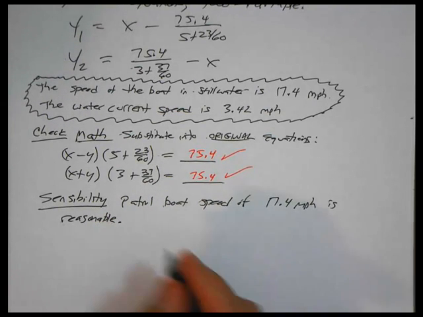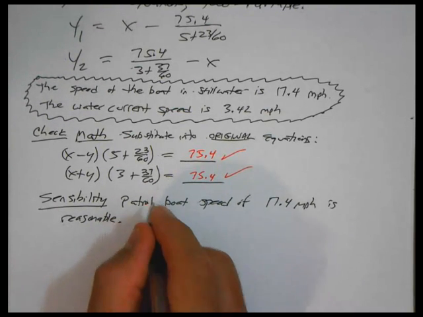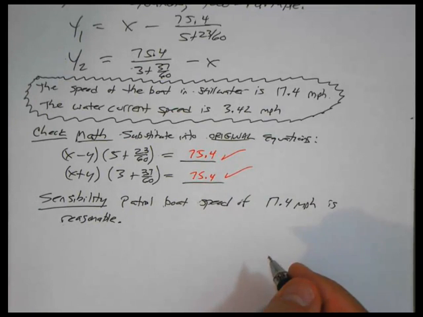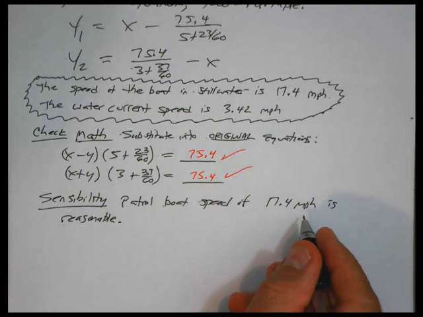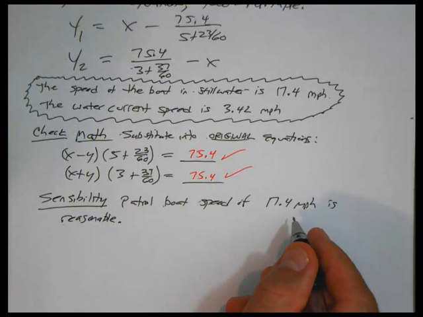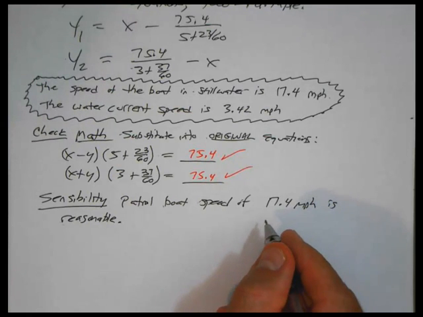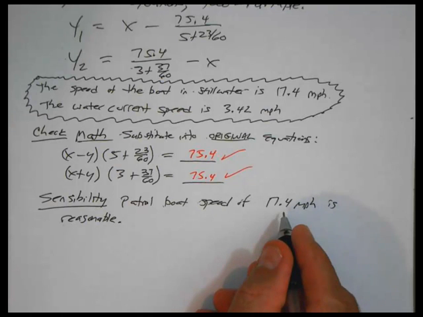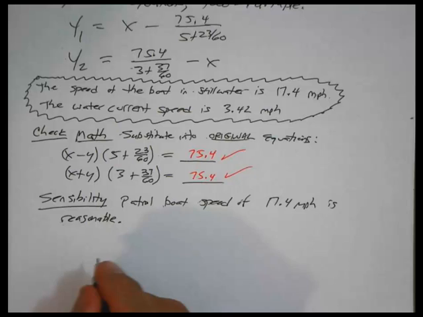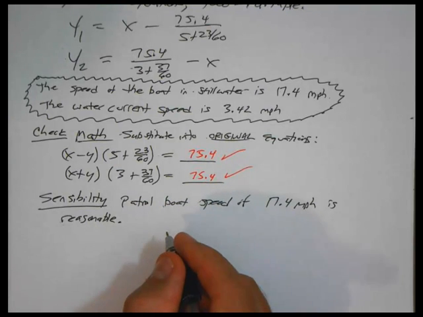What do we think of a patrol boat? If you watch one in the rivers or the oceans, 17.4 miles per hour is like a good bicycling speed. So this is pretty fair for a patrol boat to be going at this kind of pace. No problems there.